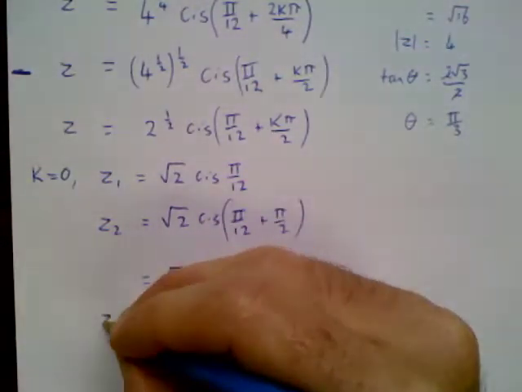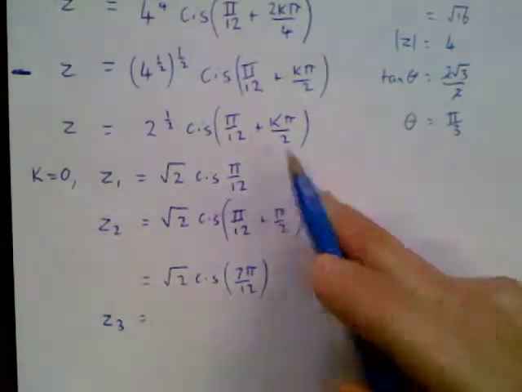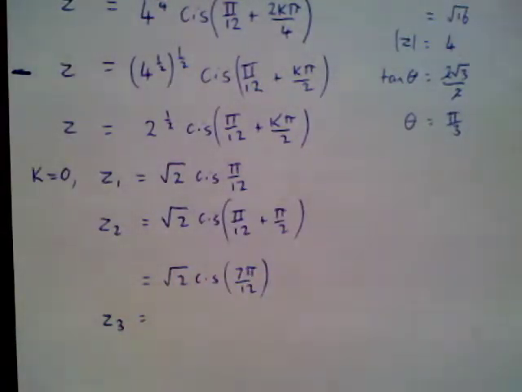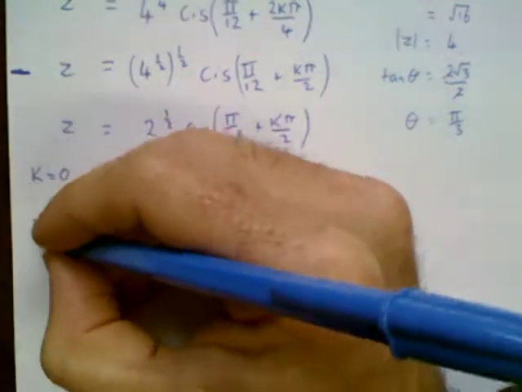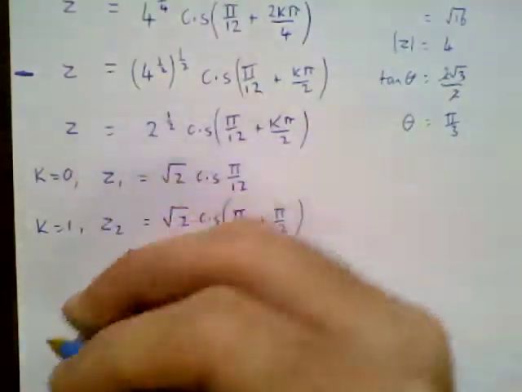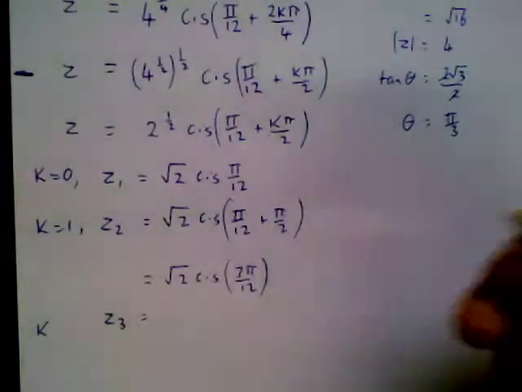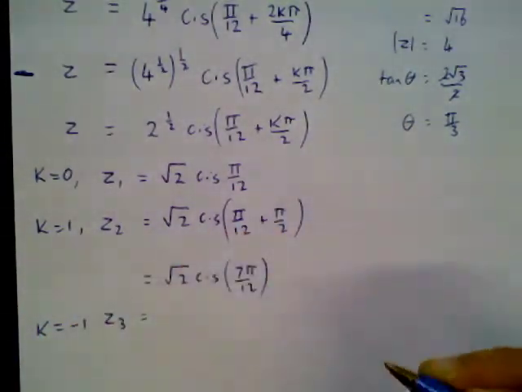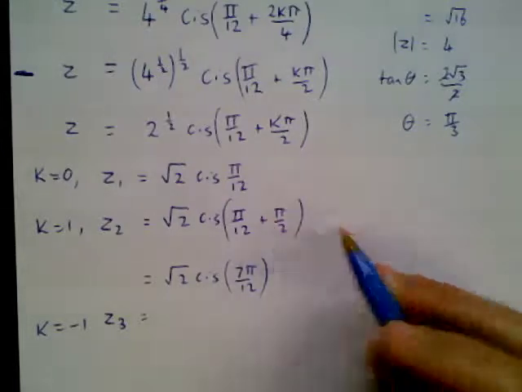My third solution, I'm actually going to use -1 here, because quite often we go from negative pi through to pi for our range of angles. So that was k is equal to 1. This one's going to be k is equal to -1. So using a -1 in here, we're going to take away pi on 2.